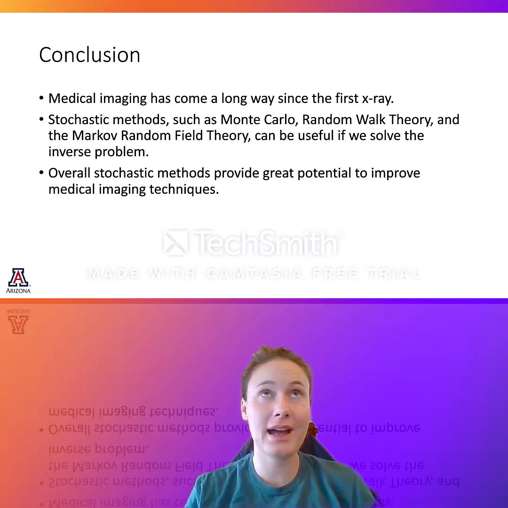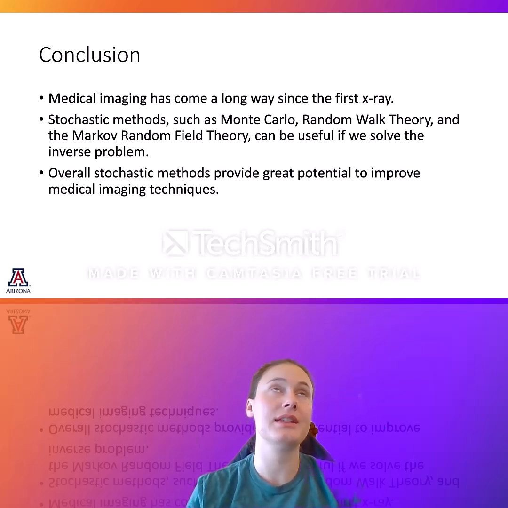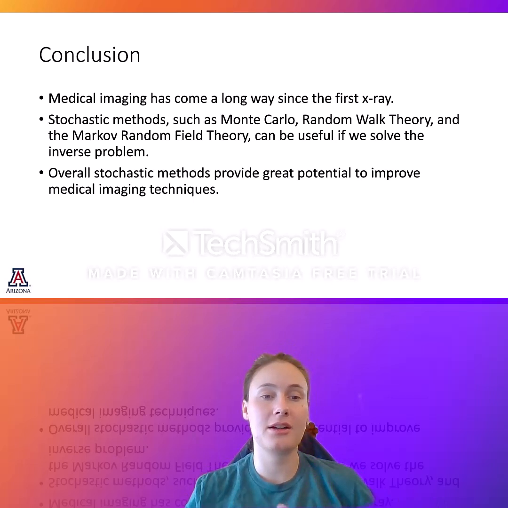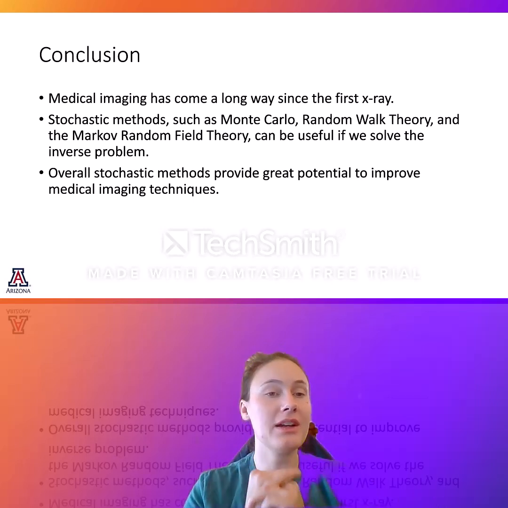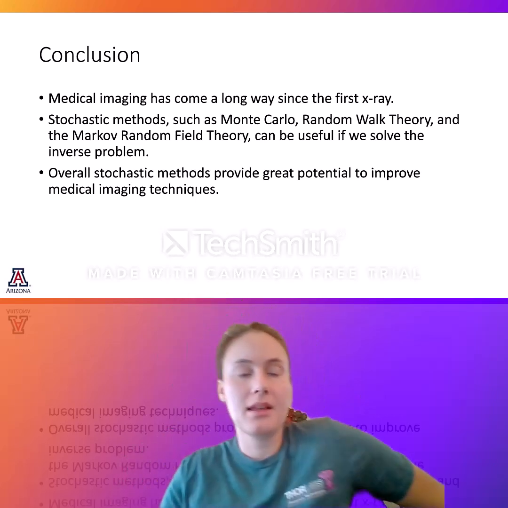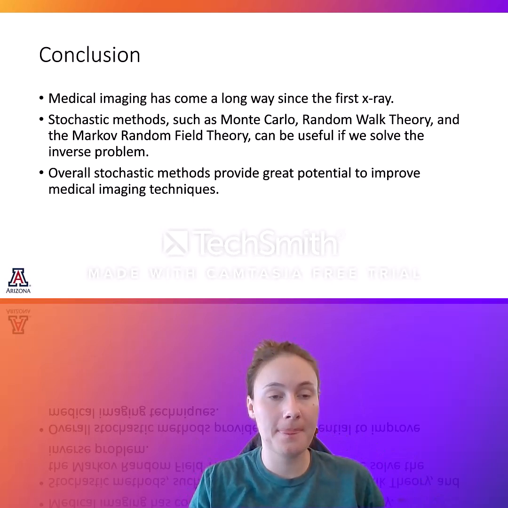And after that, now we're looking finally at using very delicate stochastic methods to improve our medical imaging quality. And these stochastic methods, such as Monte Carlo, random walk theory, and Markov random field theory, can be very useful if we use the inverse problem to improve the quality of scatter.